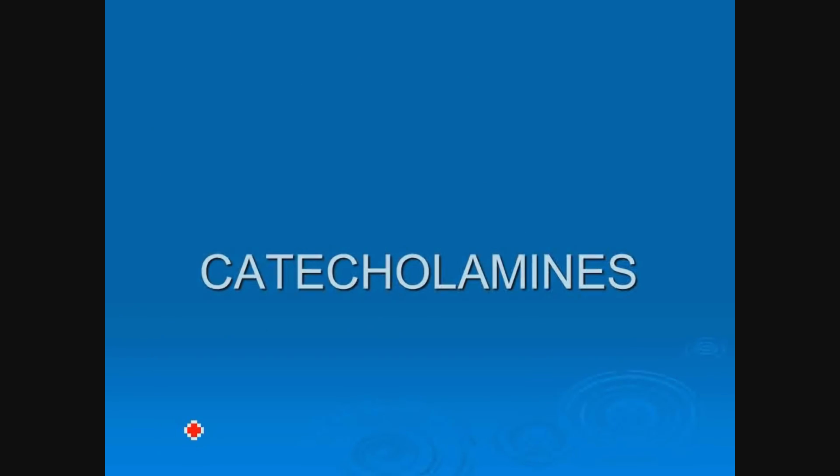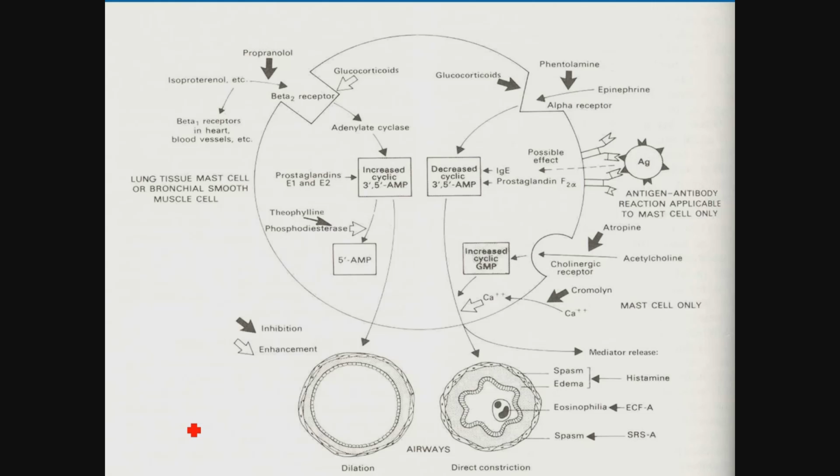So let's take a look at these a little bit more in depth, using as our base what we call catecholamines. I believe this is blown up in the back of your section, and we'll be referring to this quite a lot. And it's really divided into two halves. Everything on this side will promote bronchoconstriction.